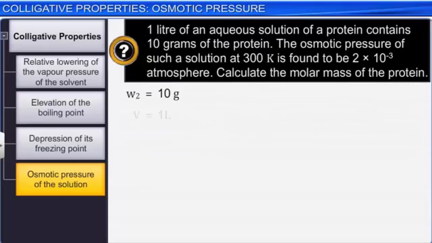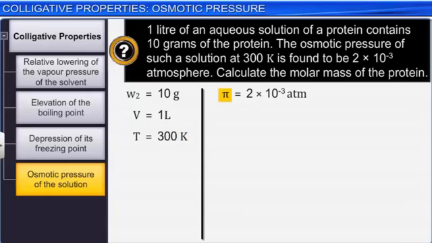The given variables are W2 is equal to 10 grams, V is equal to 1 liter, T is equal to 300 Kelvin and pi is equal to 2 multiplied by 10 to the power minus 3 atmosphere. M2 needs to be calculated.